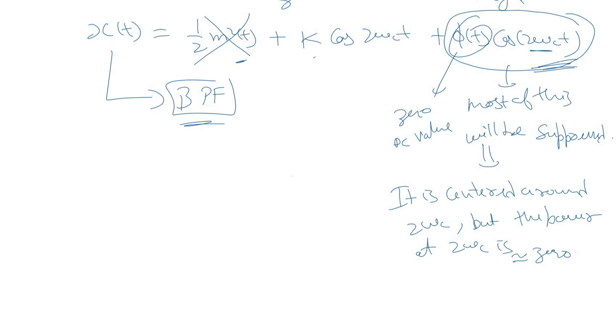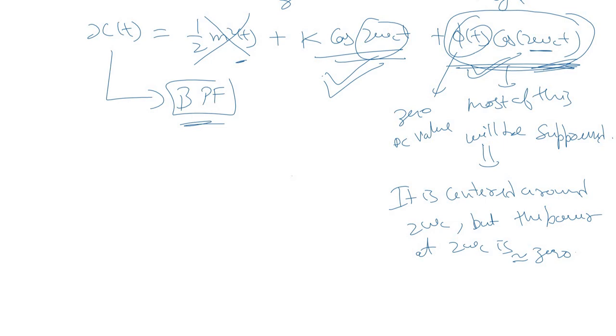And the third component is this component that is some constant k multiplied by cos 2 omega ct, which is centered around twice of omega c, and all the impulses are located at this frequency only, plus minus twice of omega c. So this component will be completely passed, and a very small undesired part of this component will be passed, okay.